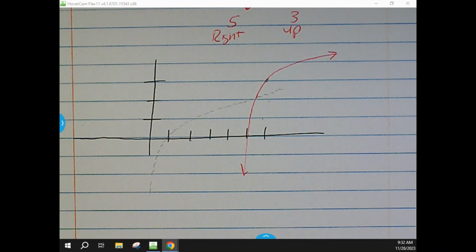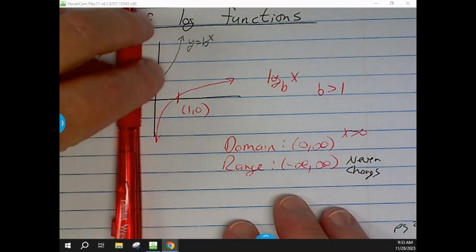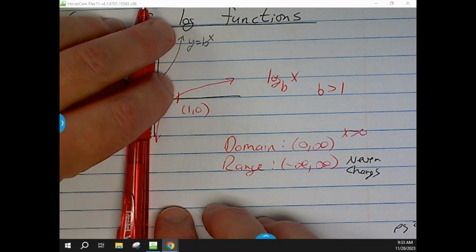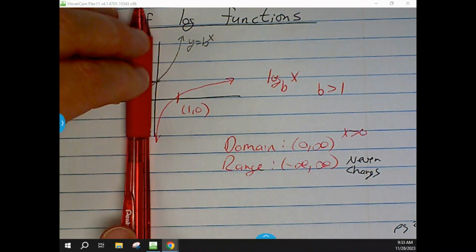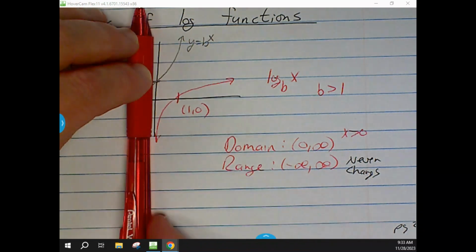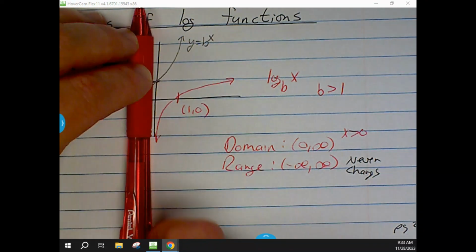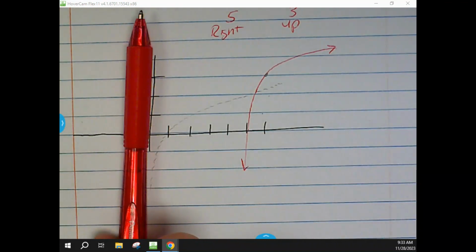And something that we'll talk about as we go is that on the original graph, 0 was the cutoff line. Yesterday we talked about that we had an asymptote, and we'll talk about that more coming up. This is your cutoff line that you cannot go past. That's an asymptote for this one. So we took this whole graph and moved it over 5 spaces.